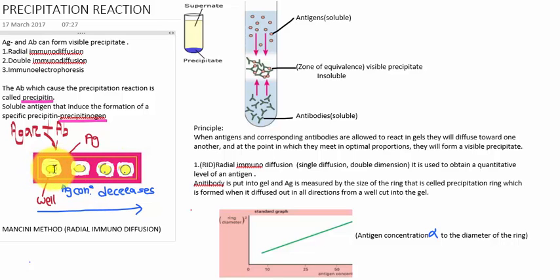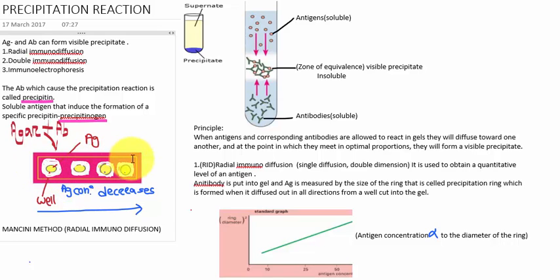So inside the well, the antigen is present. So the antigen starts diffusing and it reacts with the antibody. And after some time, it forms an equivalence point where it forms a precipitation ring. So the diameter of the ring is directly proportional to the concentration of the antigen. Since the antibody concentration, we have already discussed that it is constant and it is homogeneous throughout the plate.